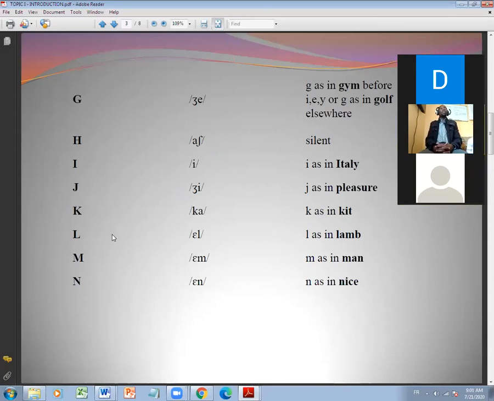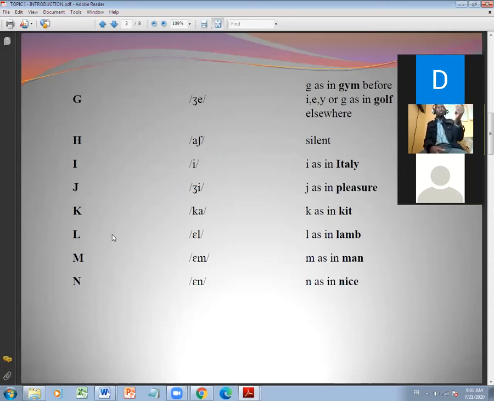F, G, H, I, J, K, L, M, N, O, P, Q. From Q we go to R, okay?